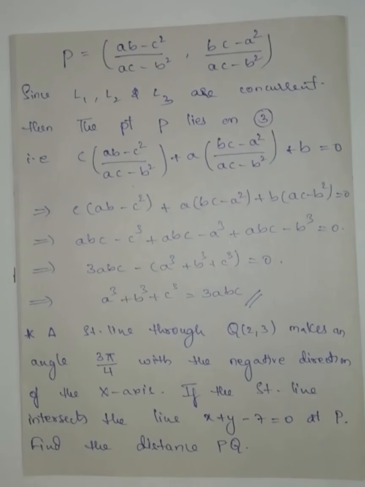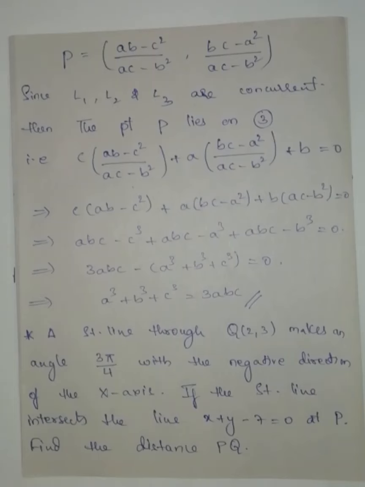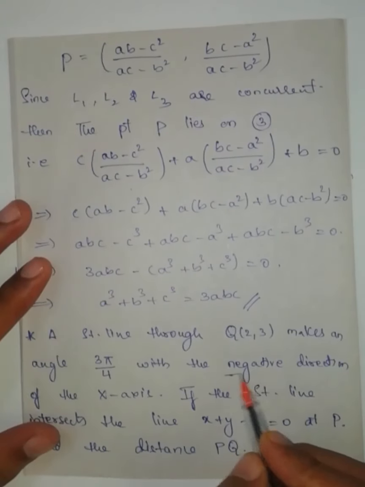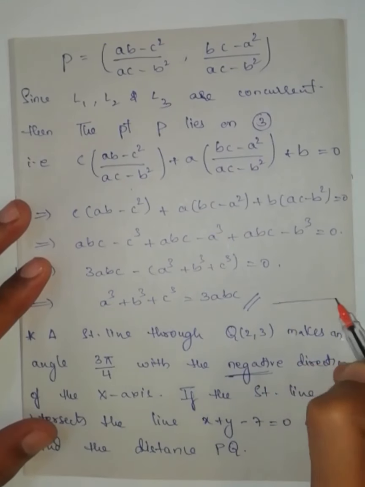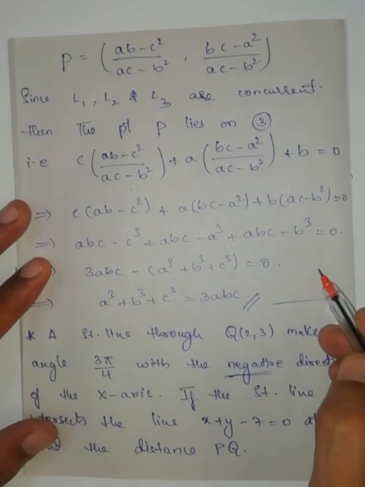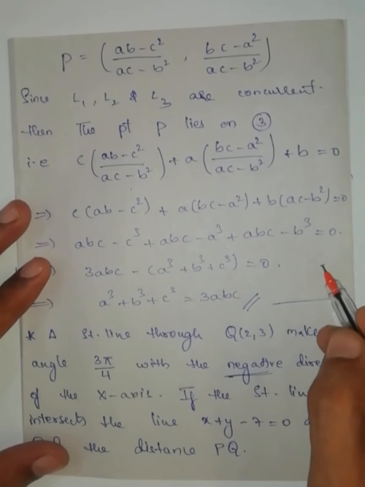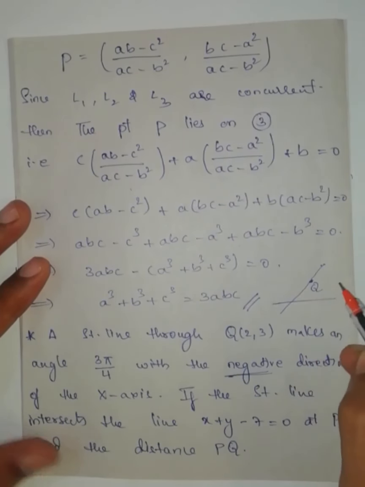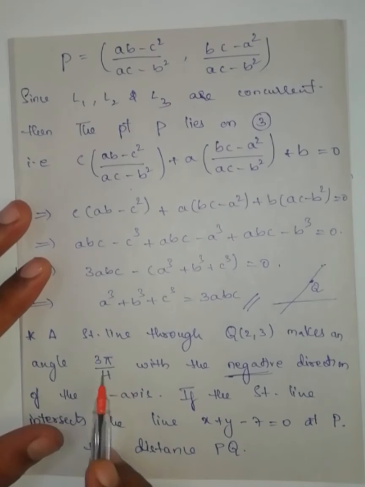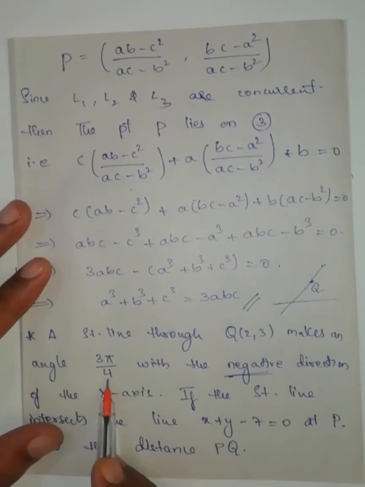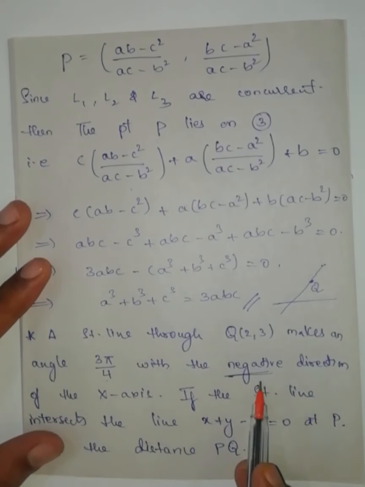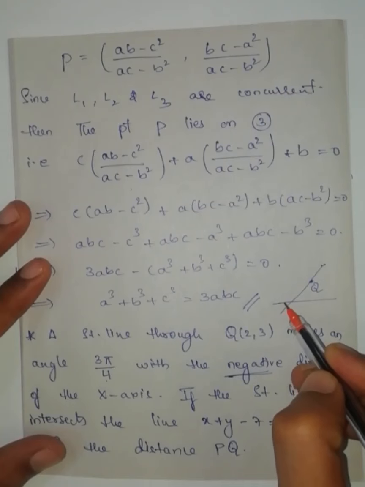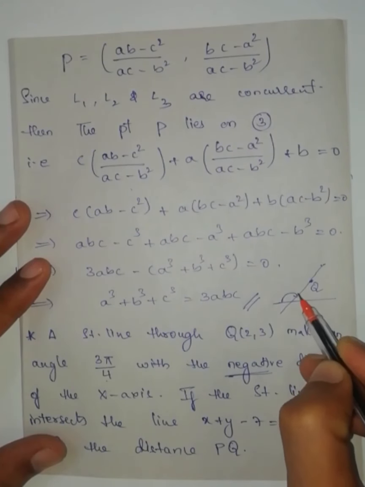The question says that a straight line passing through this point and making an angle 3 pi by 4 with the negative direction. Means a straight line passes through the point Q, making an angle of 3 pi by 4, which is nothing but 135 degrees, with the negative direction of x-axis. This is the negative direction of the x-axis.